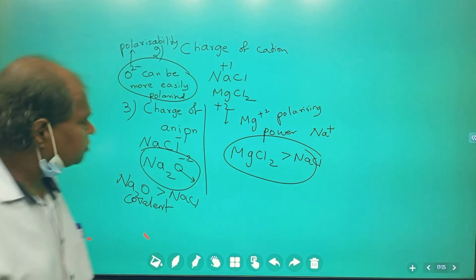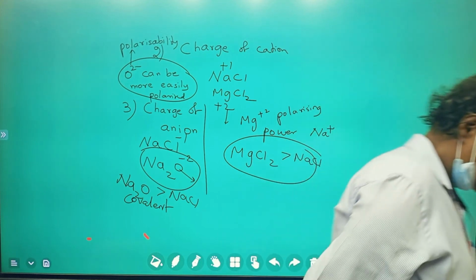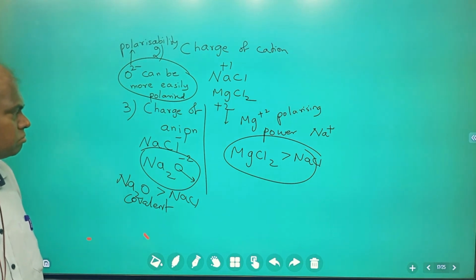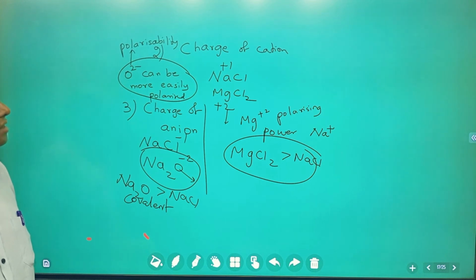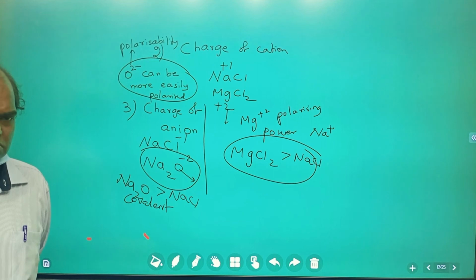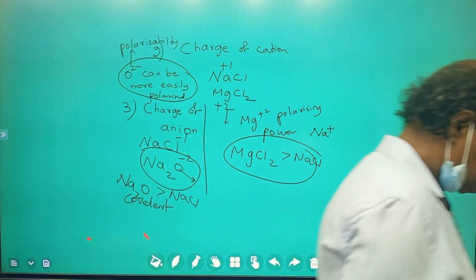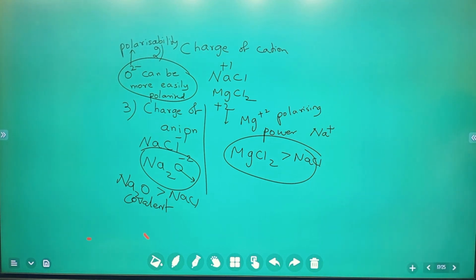Just note down this point, very, very important. The extent to which the anion can be polarized is called polarizability. So the oxide ion will have more polarizability. Fine.